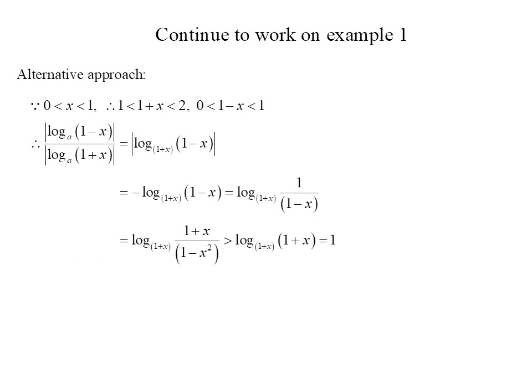After further simplifying the expression, the ratio equals logarithm base 1 plus x of the quotient of 1 plus x to 1 minus x squared, or in parentheses, which is greater than logarithm base 1 plus x of 1 plus x, which equals 1. Hence, we have proved that the ratio is greater than 1.